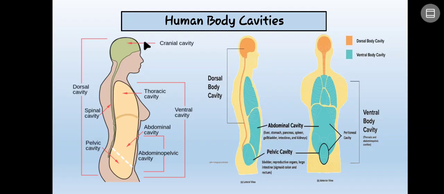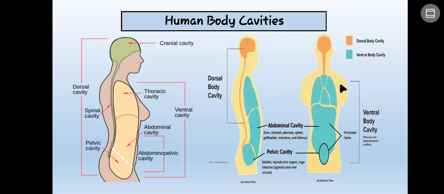Okay, so let me go over it again. The body can be divided into two major cavities: the dorsal cavity, which consists of the cranial cavity and then the spinal cavity. This is the spinal cavity, the one you see as a line running behind the abdominal cavity. And then we have the ventral cavity.